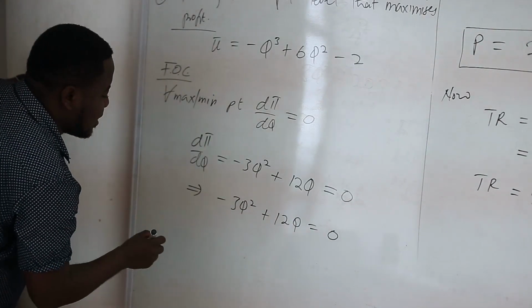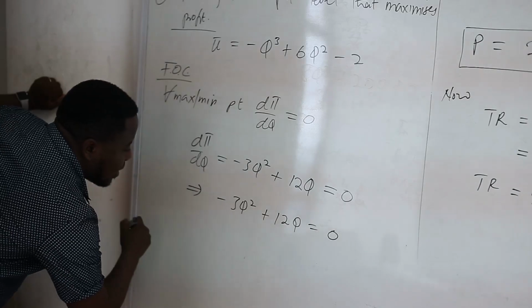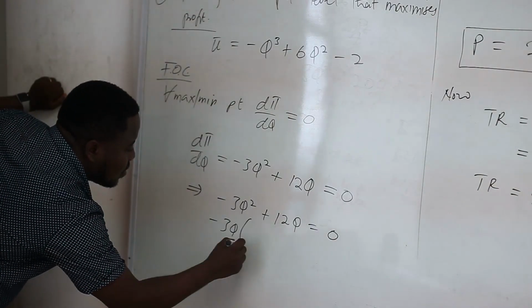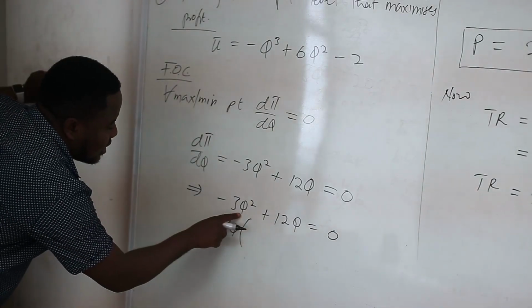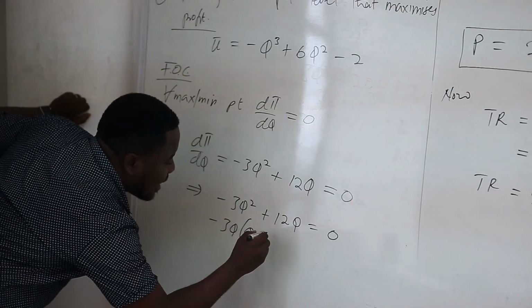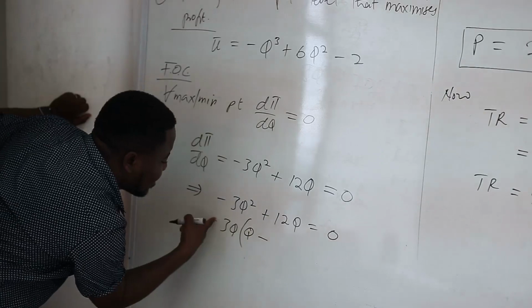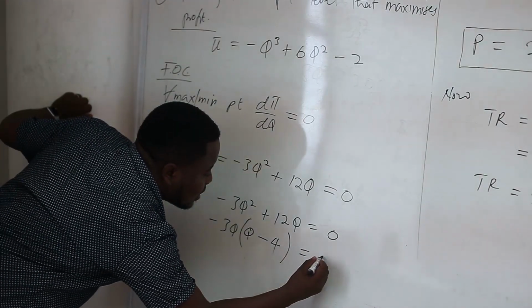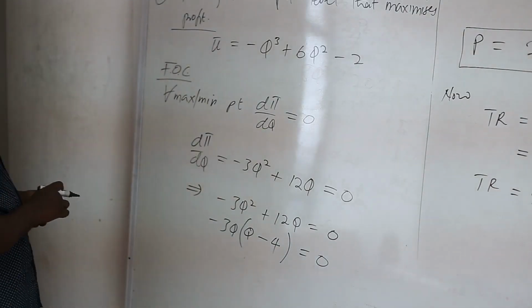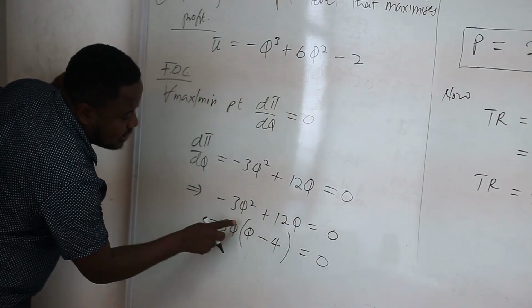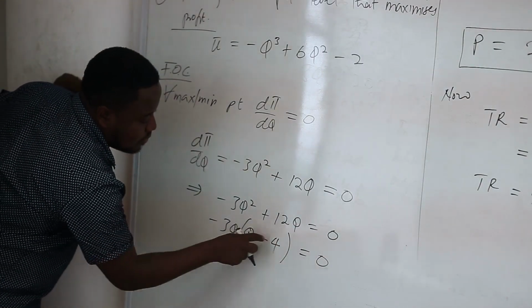So factorizing minus 3q out, we are left with q here, then minus 4, remember we are factorizing minus out. This is equal to 0. If you want to expand, this is minus 3q squared plus 12q.